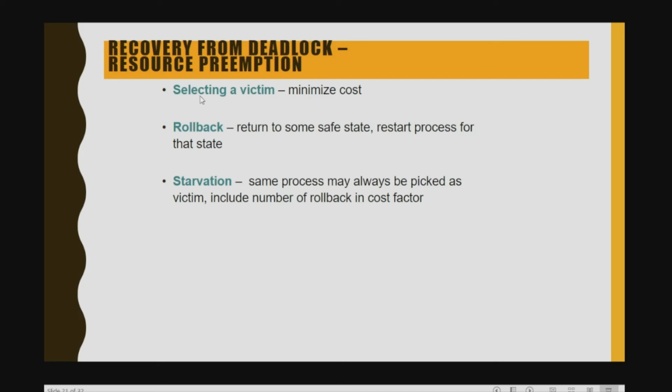We have the process deadlock, so we try to find the victim. Starvation here means the same process. Let's say you have process 1, process 2, process 3, and process 4. You take process 1, roll back or terminate process 1, and then when you run again, maybe the same process will be selected.